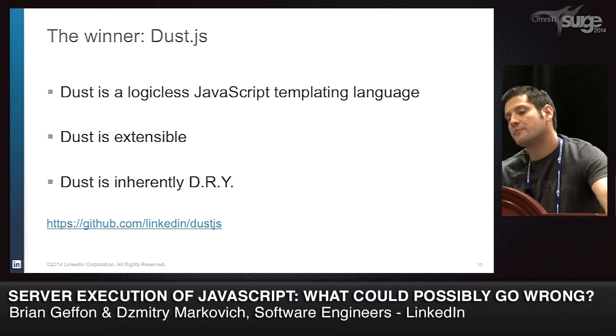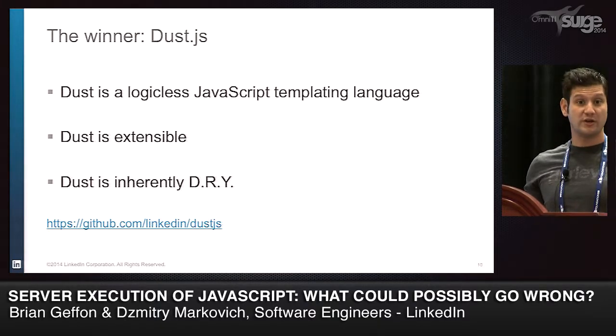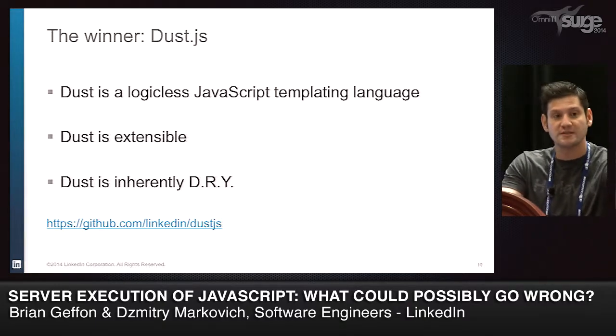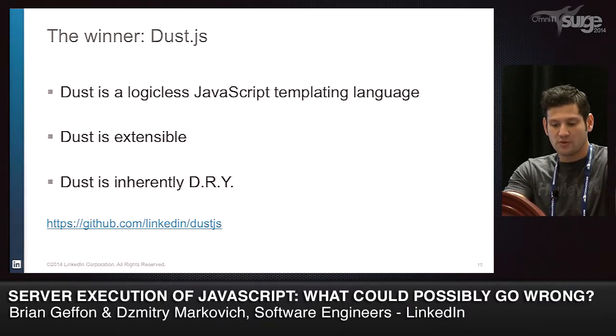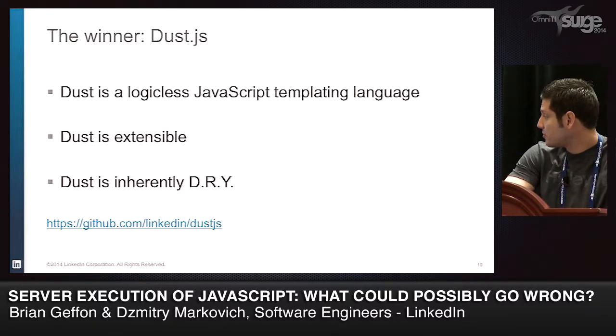We were already doing that before. That was something we weren't willing to budge on. We cannot repeat our logic anymore. It just wasn't scaling. So this is a project we tried to take over, and it's available on GitHub now. We're actively contributing to it. So if you're interested in using Dust.js, it's available on our LinkedIn GitHub page.